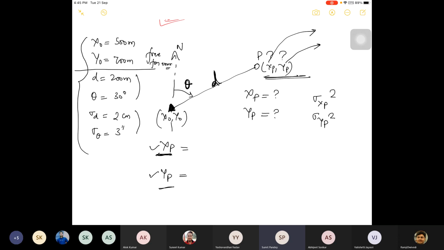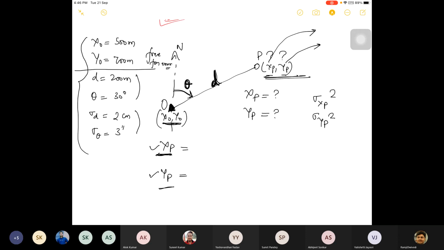Anyways, so this problem of finding the solution for XP and YP is given here. One is you have this origin whose coordinate is known without any error, x naught, y naught. You have two observations. One is this angle from north.